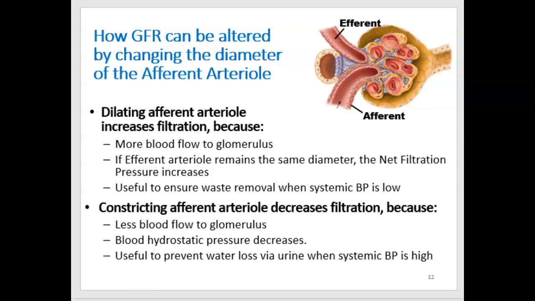Now, there's something else that can be done, and we'll examine it a little bit later. Once in a while, not very often, the efferent arteriole diameter can change. Dilation or constriction, and we'll talk about that a little bit later.